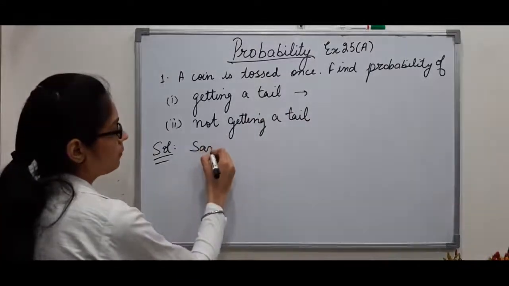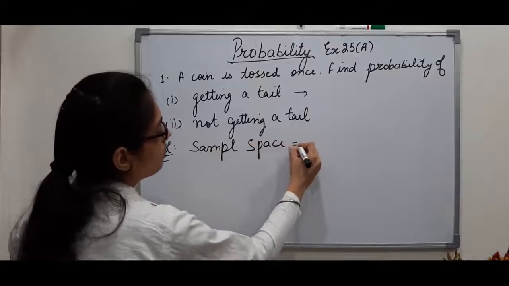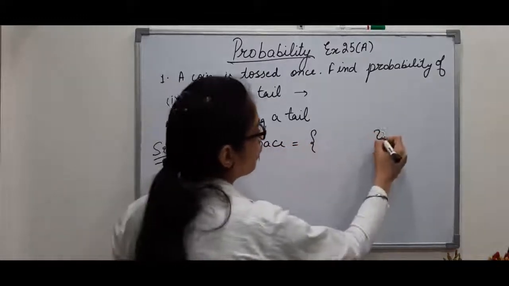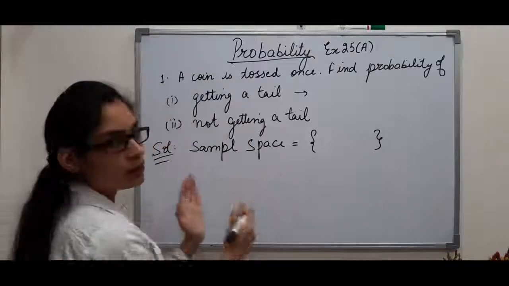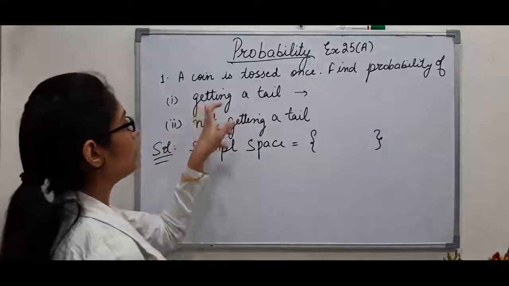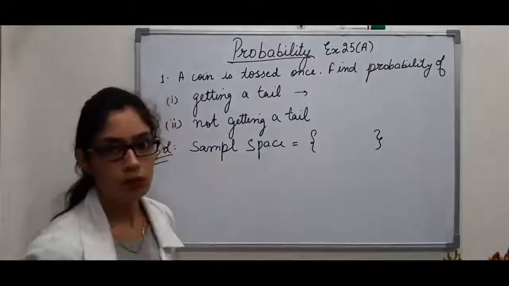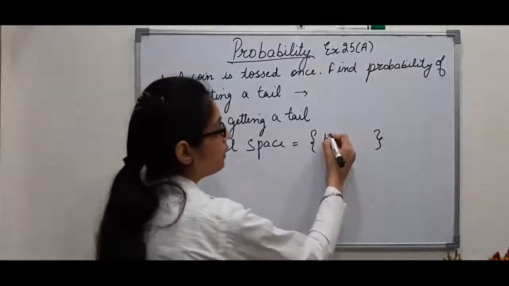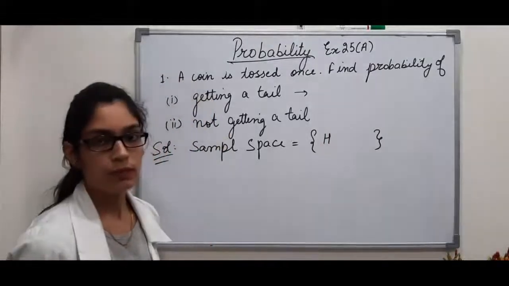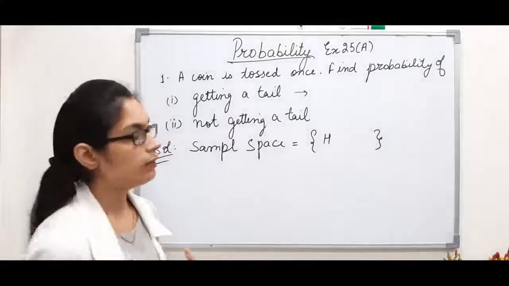Sample space means you will write the total number of events. Sample space consists of the total number of possible events. For example, a coin is tossed once. If I am tossing a coin once, there will be two outcomes. I may get head or I may get tail.